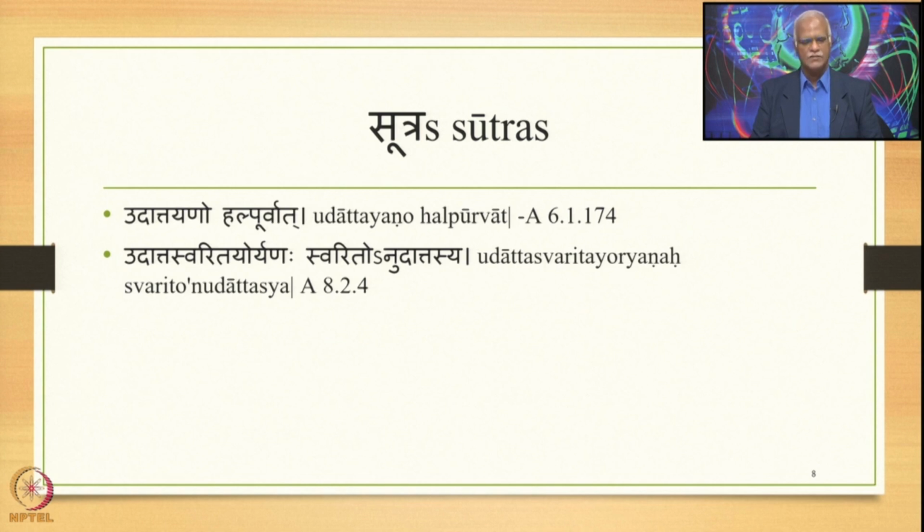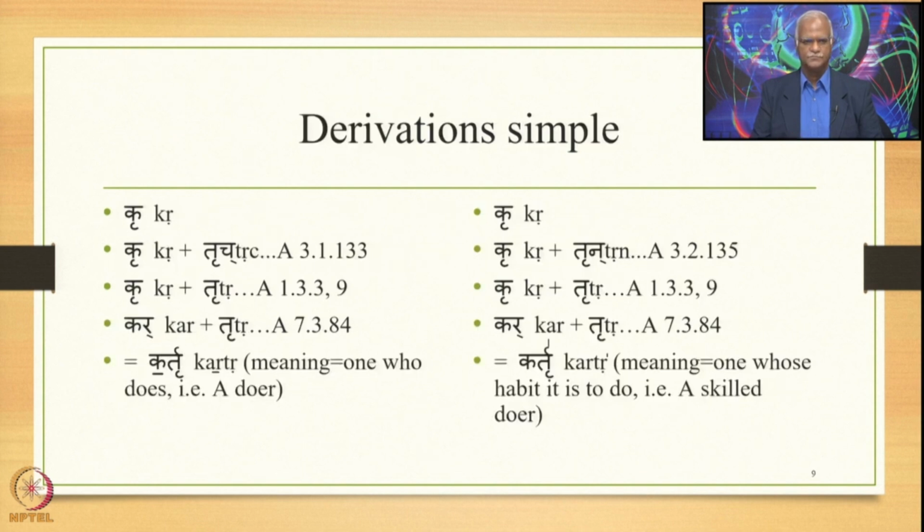And the second one is 824 Udatta Svaritayoho Yanaha Svarito Anudhattasya. Let us look at the meanings of these sutras and the examples in detail. First of all, let us try to study two derivations, one of which would be the example of these two sutras and the other one would be the one for contrast.